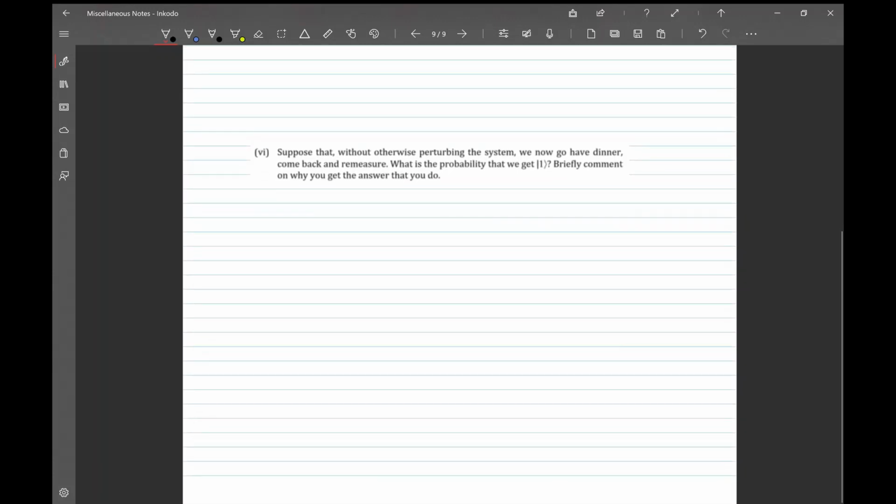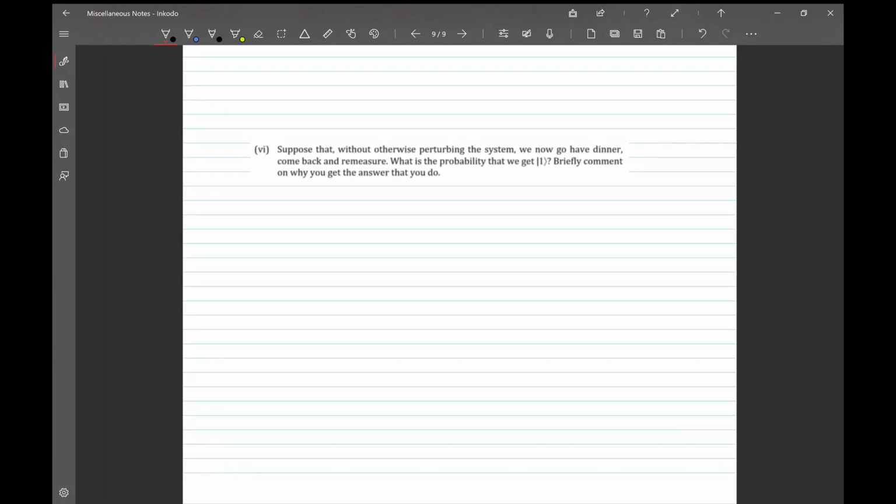So finally, suppose that without otherwise perturbing the system, we go have dinner. Now this is after having assumed that we do actually measure the system in the state 2. So what that means is that the wave function has collapsed into this state 2, and the system is now in the state 2. Okay?